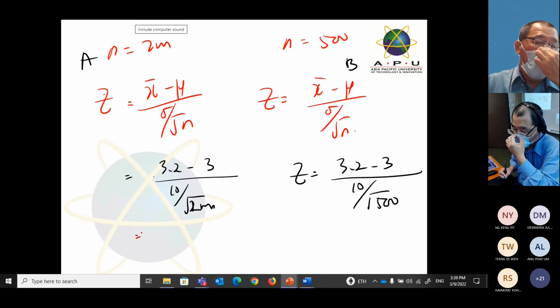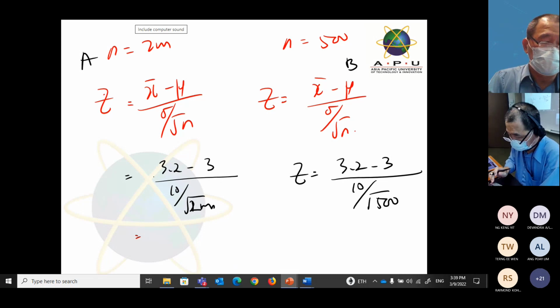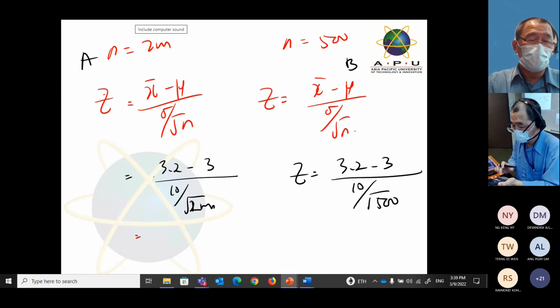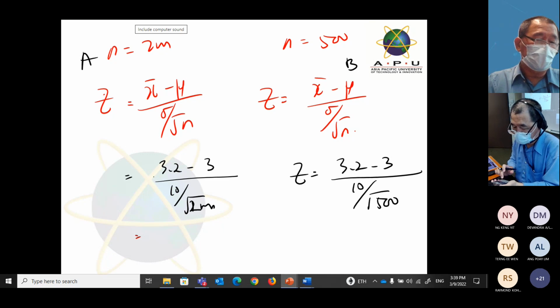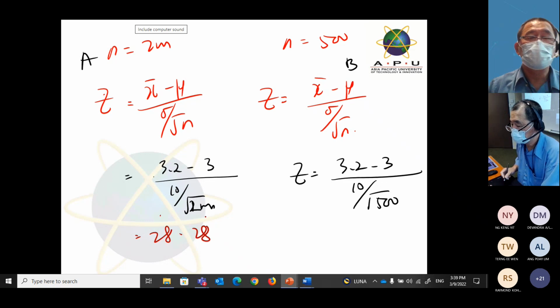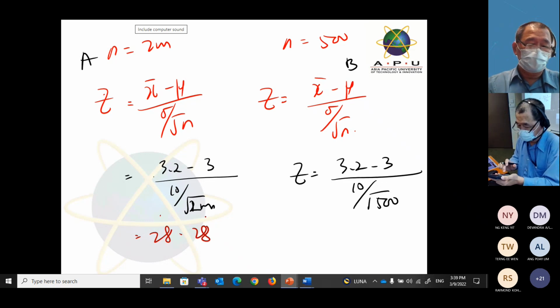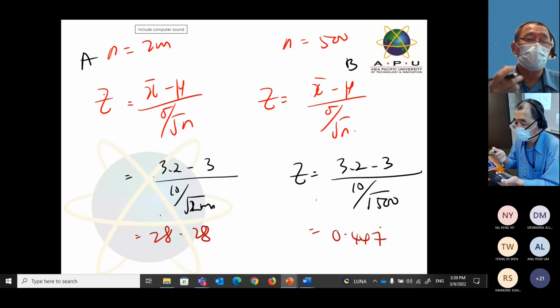So now we can do the calculation to find the test statistic. 10 over square root of 2 million, and then 0.2 over the answer. You get 28 something, 28.28. For 500, it is 0.447.